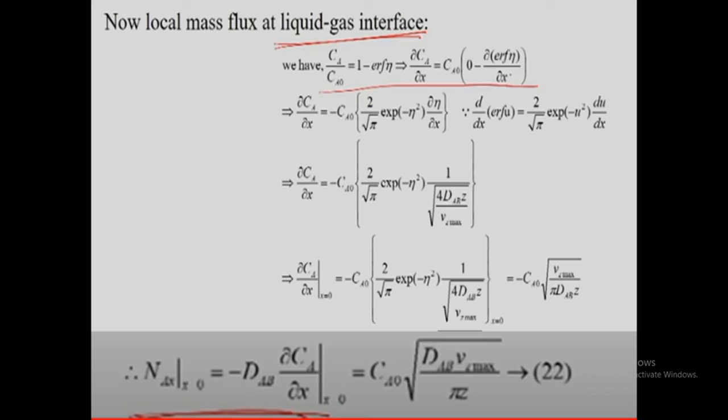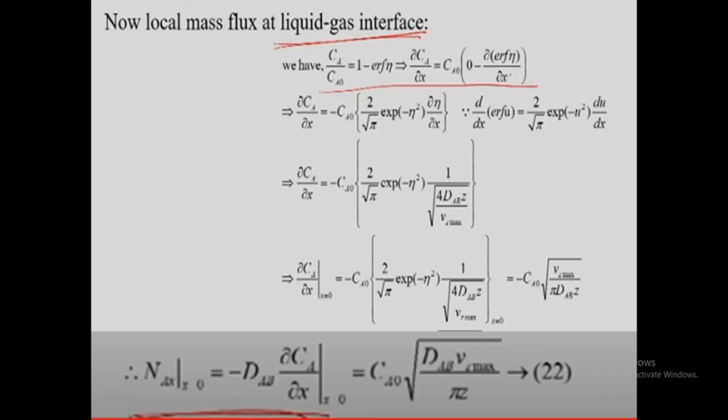So when we substitute the x value in the exponential form, we get the exponential of 0. Are you clear? Okay. So eta equals x by root of 4 DAB z by Vz max. When we substitute x equal to 0, exponential of 0 is equal to 1. You don't worry about 2 by root pi; the exponential of minus eta squared is equal to 1.